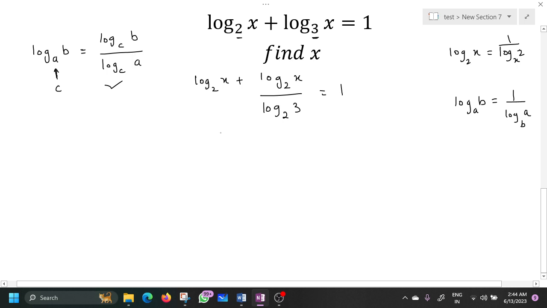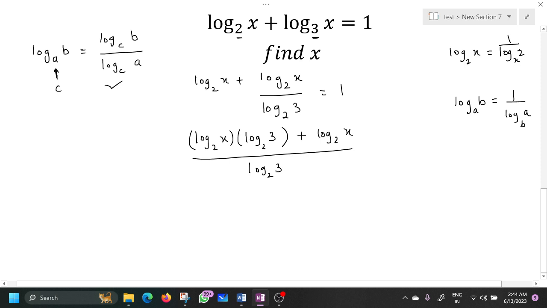If you take the LCM, you will have log base 2 x multiplied by log base 2 3, plus log base 2 x, whole upon log base 2 3, is equal to 1.